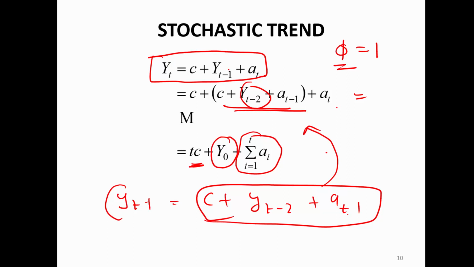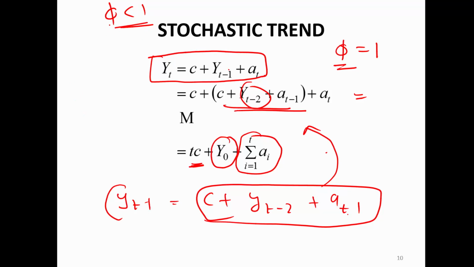When it's not less than 1, it is either 1 or greater than 1, the series is less likely to converge, or probably will not converge, and that's a case of typical non-stationarity. Just to deviate from what we are talking about, why do we really want phi to be less than 1 for stationarity?